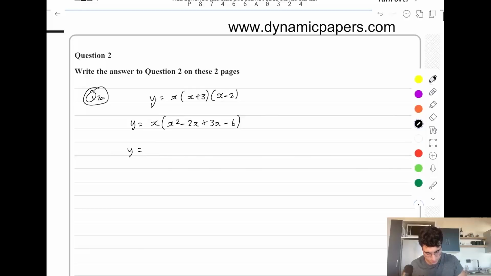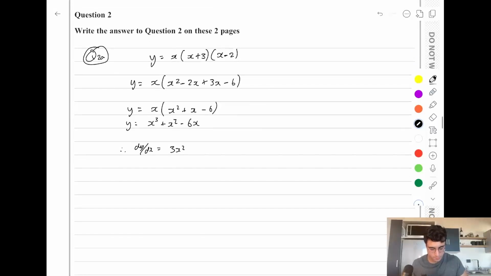I'm going to simplify it: x squared plus x minus 6. Which means that y is x cubed plus x squared minus 6x, which means that dy by dx is therefore going to equal 3x squared plus 2x minus 6.